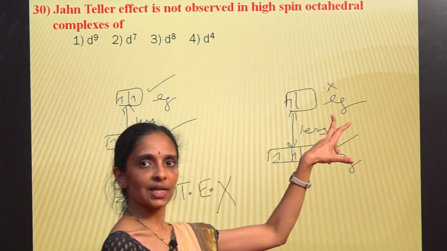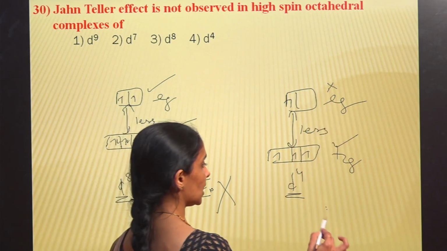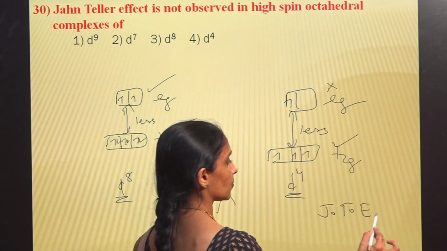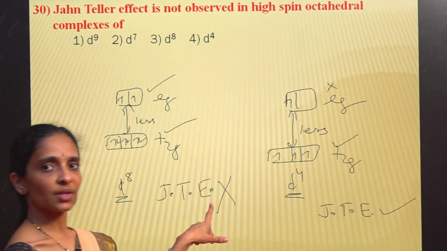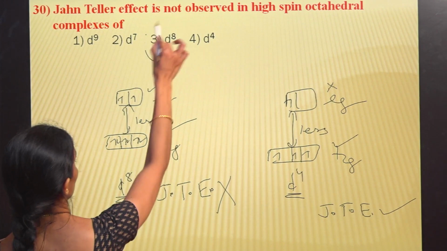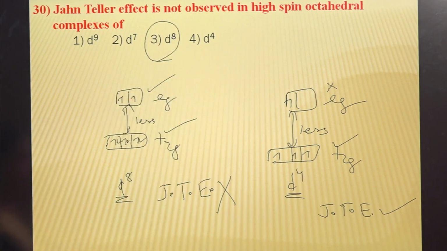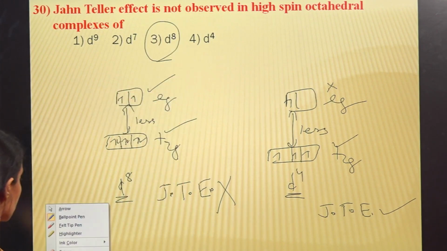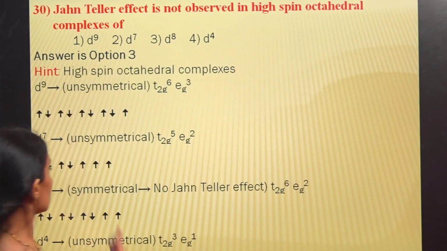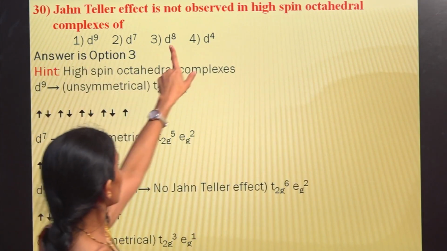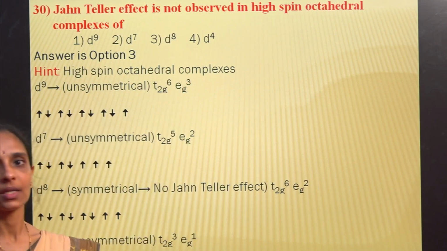We can say overall there is no symmetry. So here the Jahn-Teller effect is present. So only in this particular configuration the effect is not seen. That's why D8 is the right answer. Option 3, D8 is the right answer.